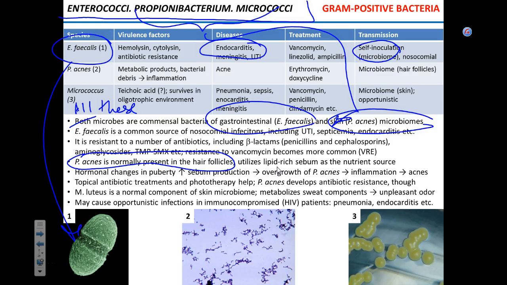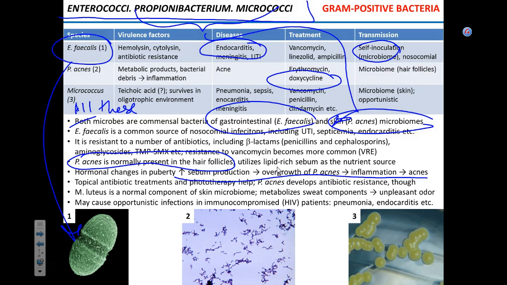Sebum production leads to overgrowth of Propionibacterium acnes, which may in turn lead to acne, inflammation of the hair follicles. It is treatable. It can be treated topically or orally, specifically with doxycycline. It's an entirely human microbiome component. It doesn't cause, to my knowledge, anything except acne.